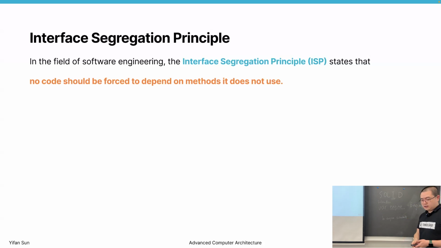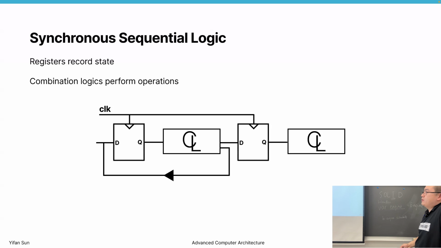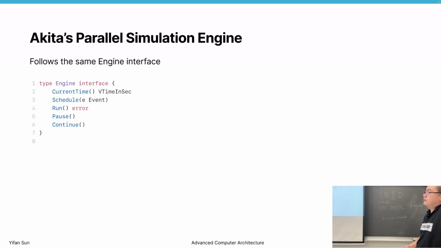Remember, you can go back a lot of slides. Do you remember what the engine interface is? Engine has at least five functions. Does the handler require run, pause, and continue functions?